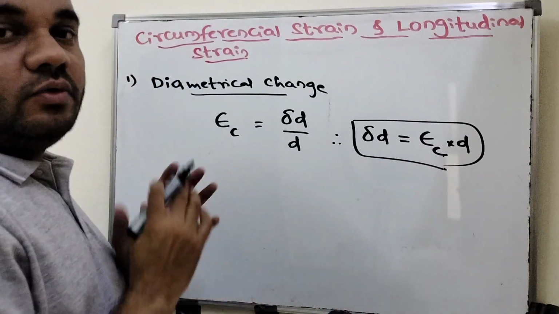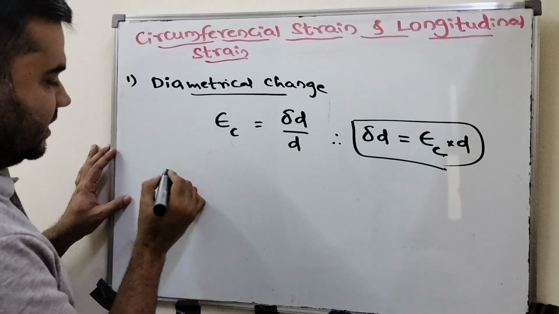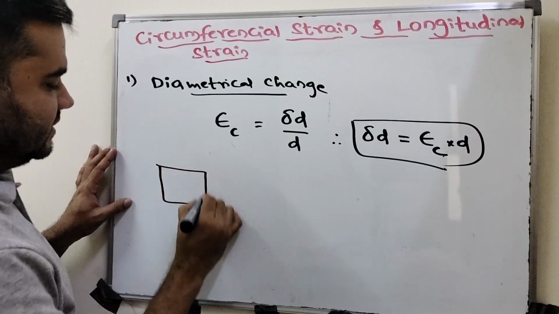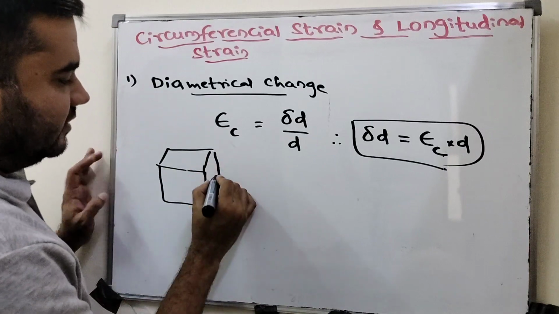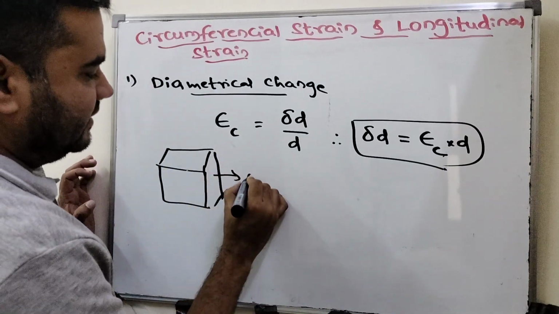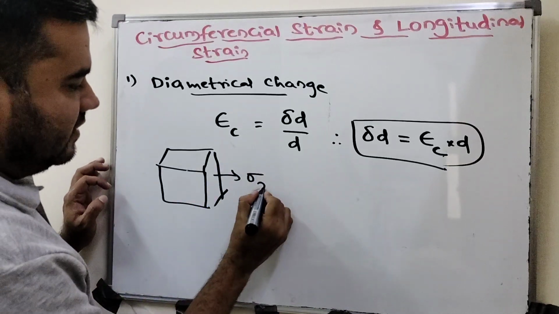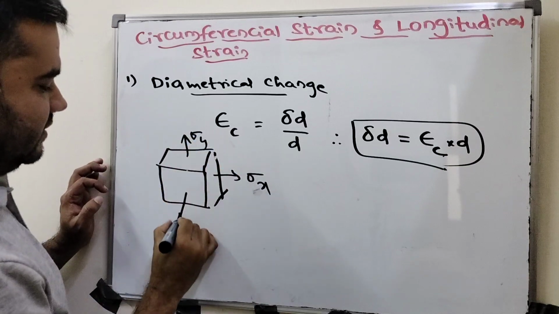You have to apply Hooke's law. Normally, what Hooke's law says is, suppose any three-dimensional body is subjected to three types of stresses, for example one stress along the x direction, one along the y direction, and one along the z direction.